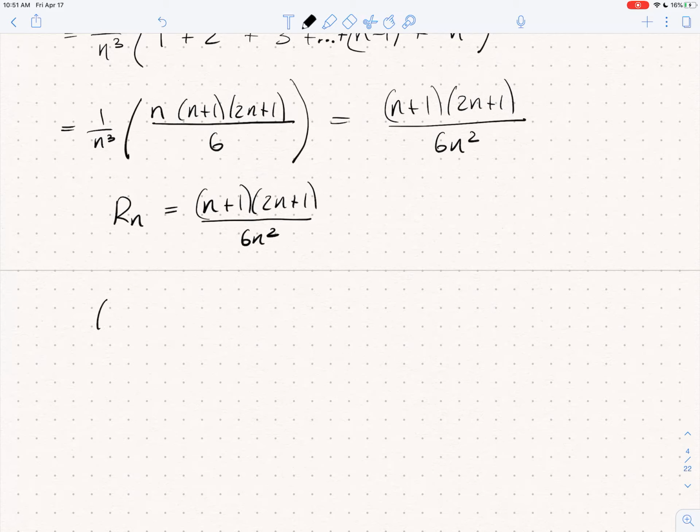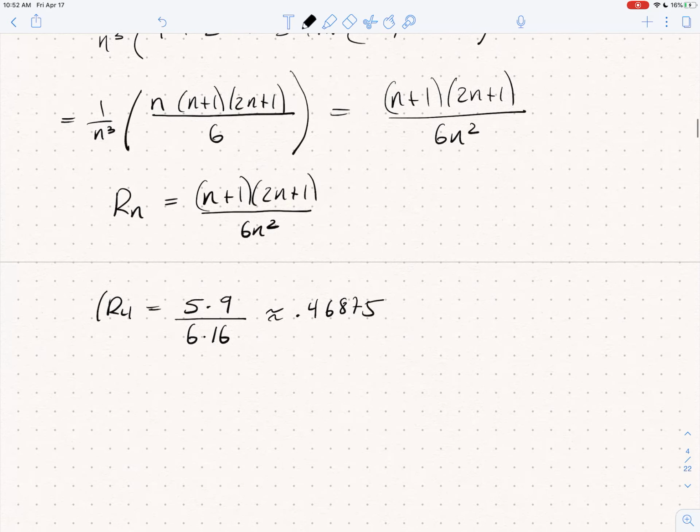And so the point is, we can get our hands now on, hey, what happens if you use 4 rectangles? You're going to get 5 times 9 over 16 times 6. I'm just going to say 6 times 16. And you can approximate this, and we're going to get 45 divided by 96, and I get roughly 0.46875.